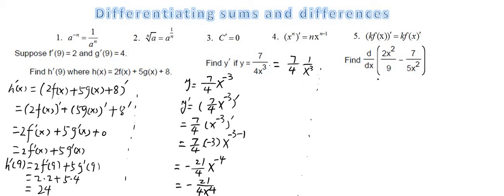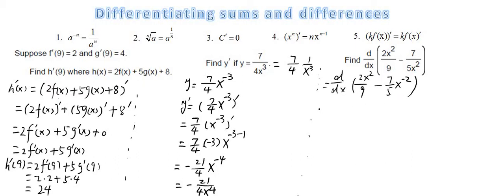So here we can write down 2 over 9 x squared minus 7 over 5 times x to the power negative n. So here x to the power negative 2, right?